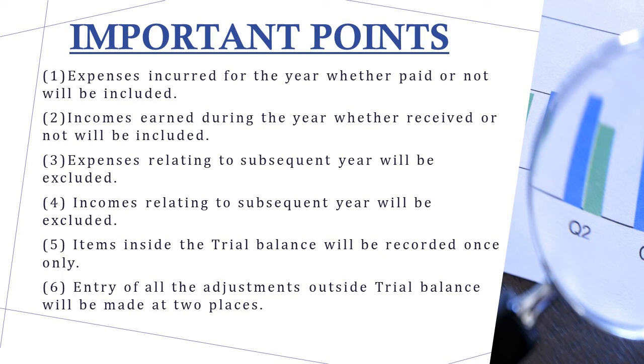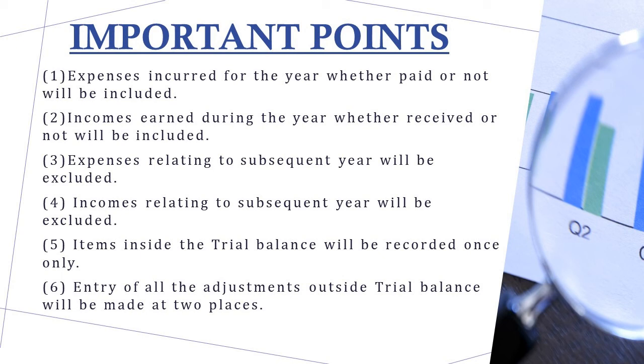Next is, expenses incurred relating to the subsequent years are excluded, and income earned relating to the subsequent years are also excluded, because such expenses and incomes don't belong to this year. So such incomes and expenses will be excluded while calculating profit and loss. Next is, items which are given inside the trial balance are written only once, either in trading account or in profit or loss account or in balance sheet.